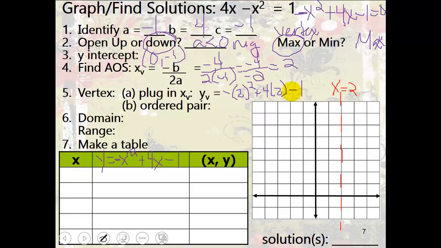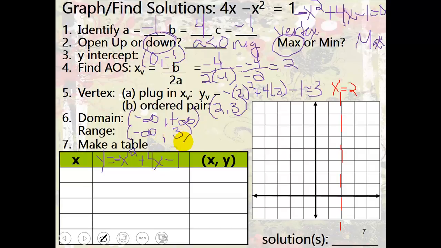Positive 4 minus 1 is equal to 3. So I have the ordered pair (2, 3). My domain is negative infinity to positive infinity. My range, this is my highest value, so I'm going to go from negative infinity to 3.